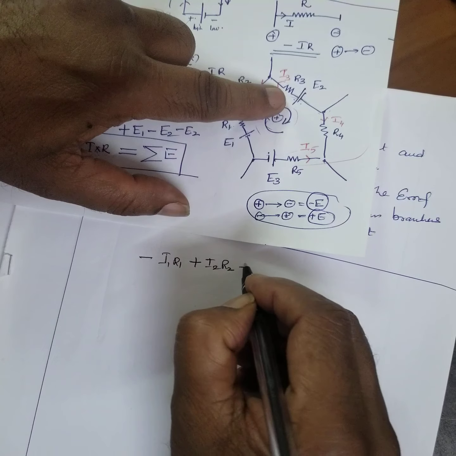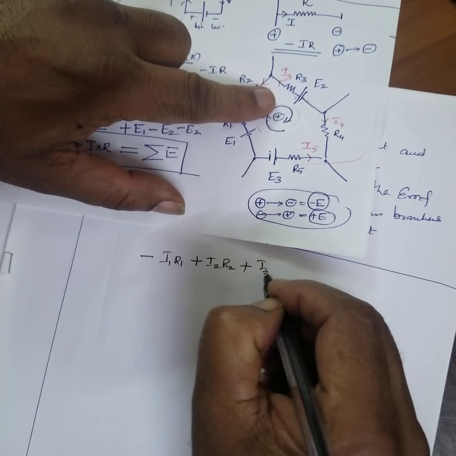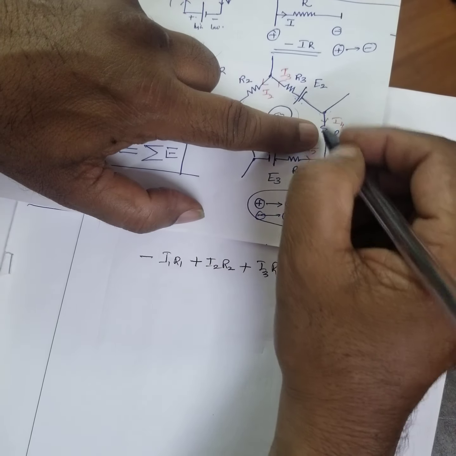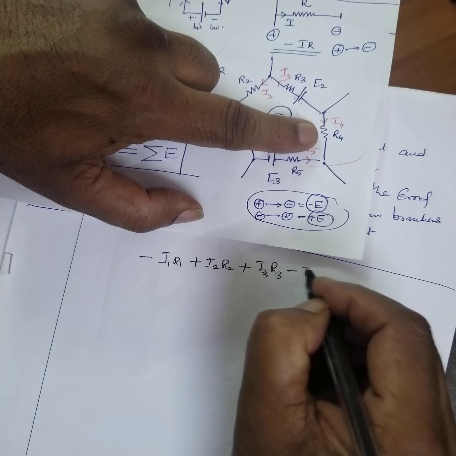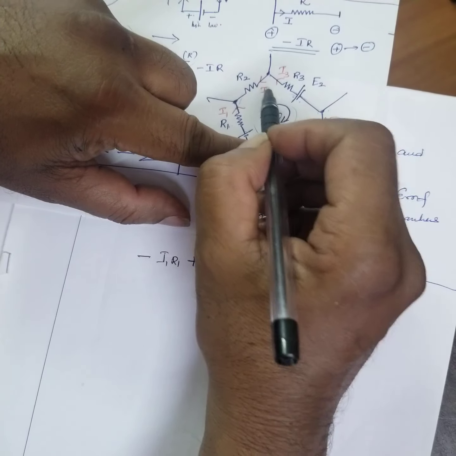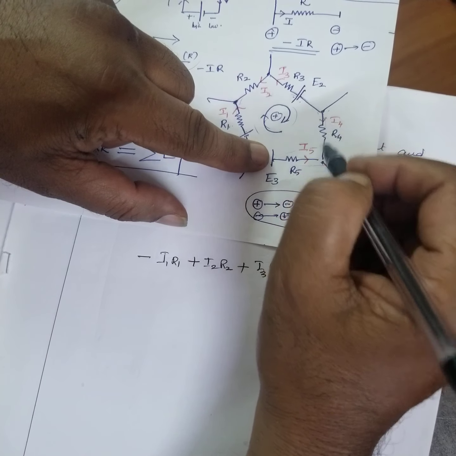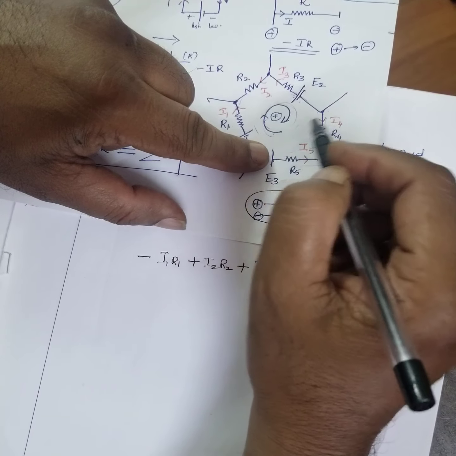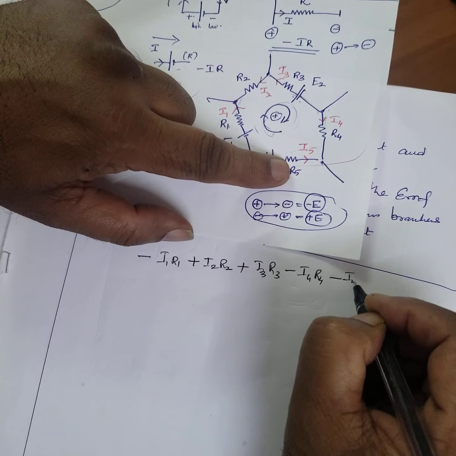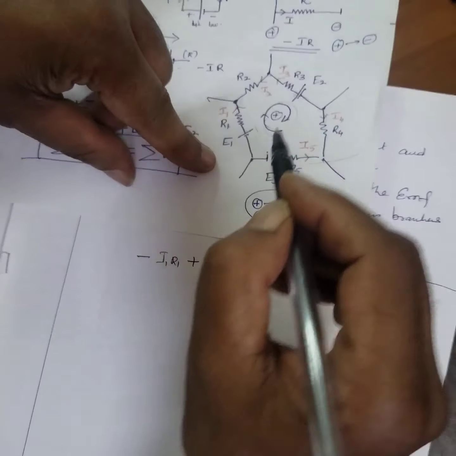You are against the flow here, I3, R3. Then again towards the decrease, I4, R4, because you are swimming along the flow. Then you are against the flow, I5, R5. Again you come back.